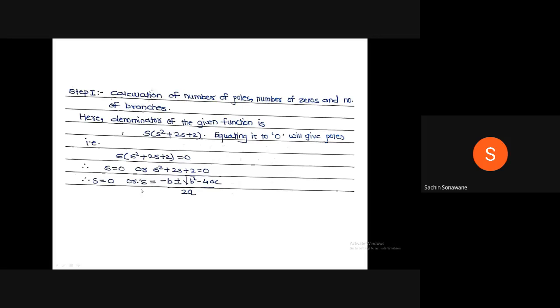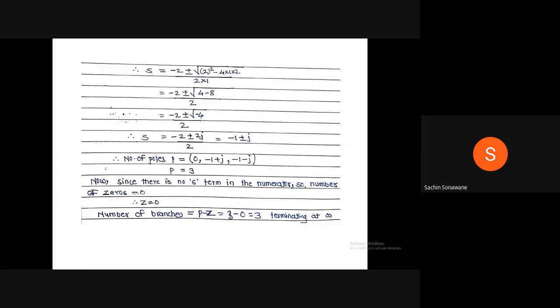By solving this quadratic equation we get another two roots, that is s is equal to minus 1 plus minus j. Therefore poles are 0, minus 1 plus j, and minus 1 minus j. Therefore, p is equal to 3.